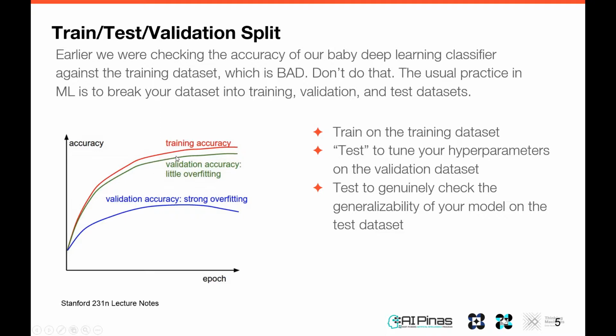If it's too close, you might have some room to mess with things a little bit more. If the validation accuracy is garbage versus training accuracy, then you might be encountering a case of too strong overfitting on your training dataset. And you definitely want to tune your hyperparameters so that this moves up.